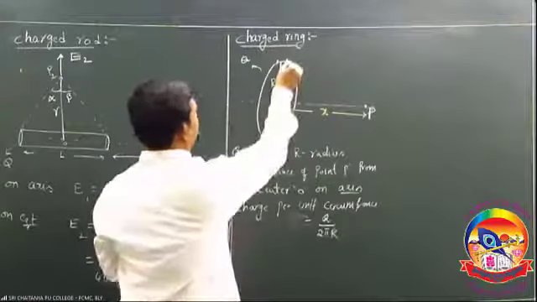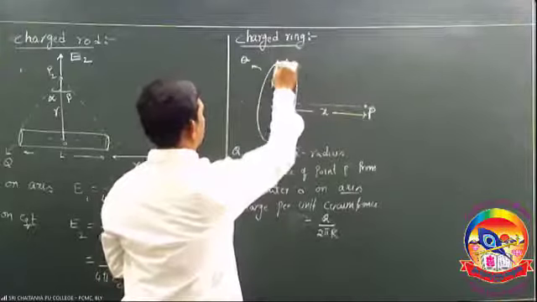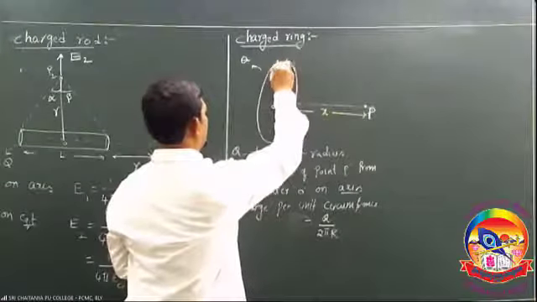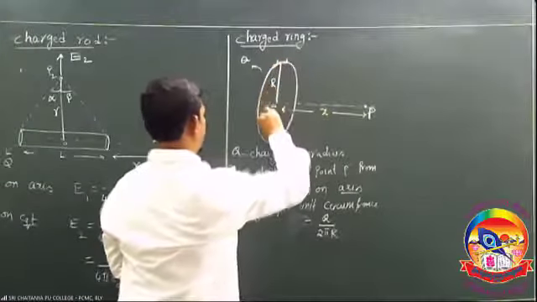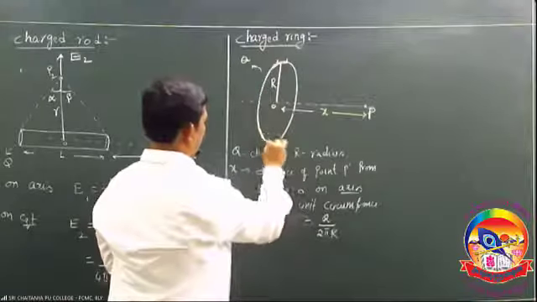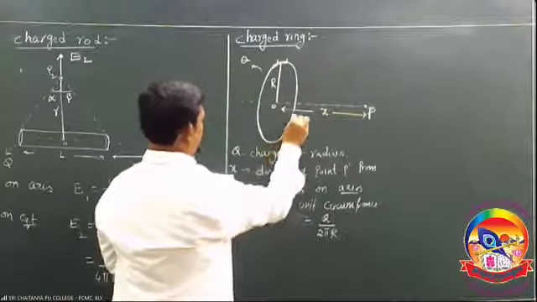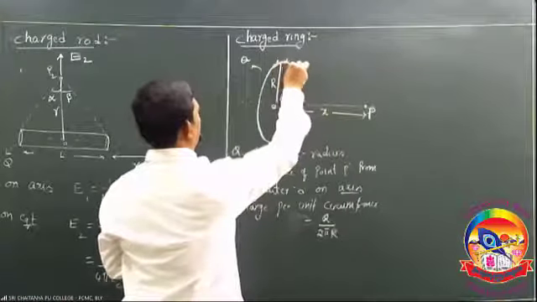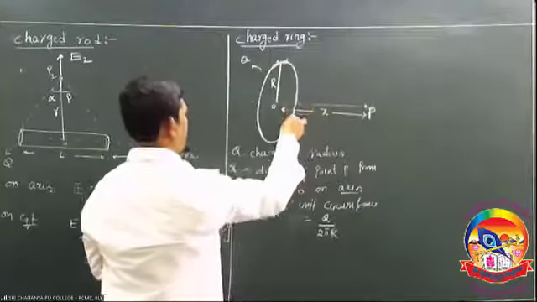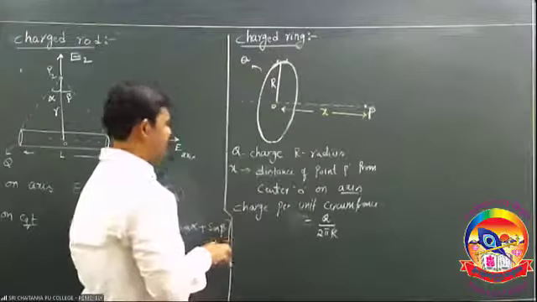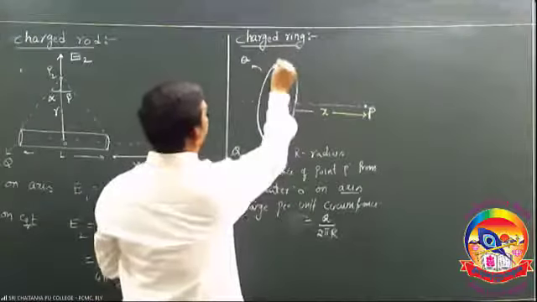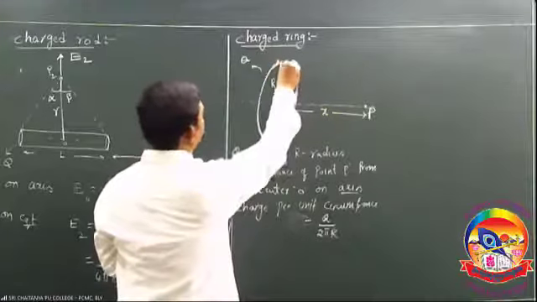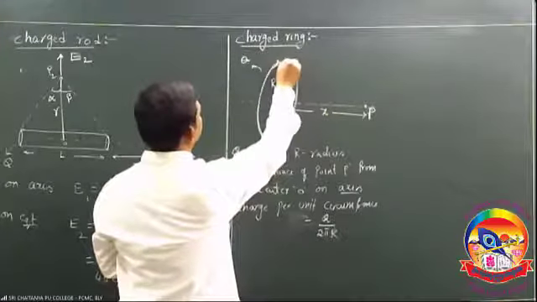See, this is a ring. Here I am taking a small element, this part.